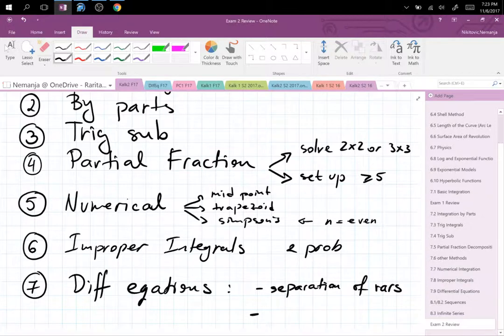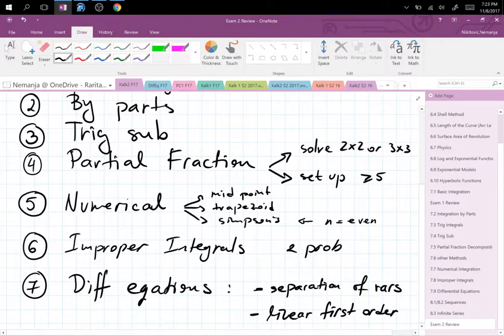So separation of variables and linear first order, which is the equation. So those are the two possibilities for this. Now you see 7 things on the list, but you have 2 partial fractions, right? So that's 8, and 2 for improper integrals, so that's 9.